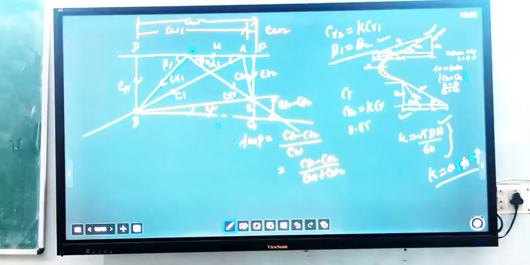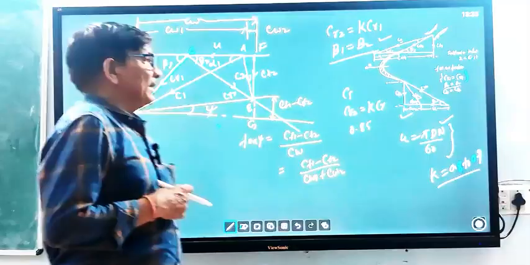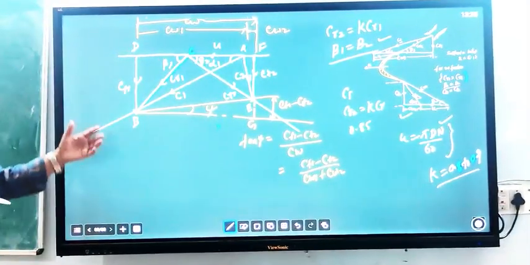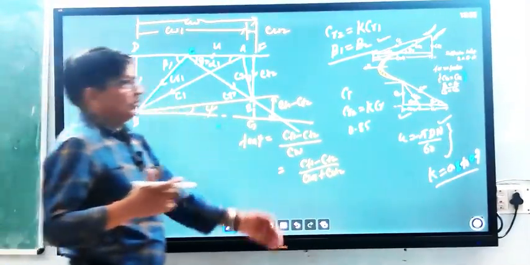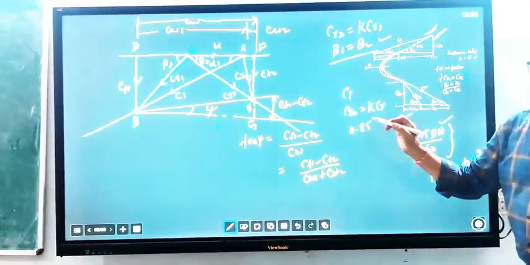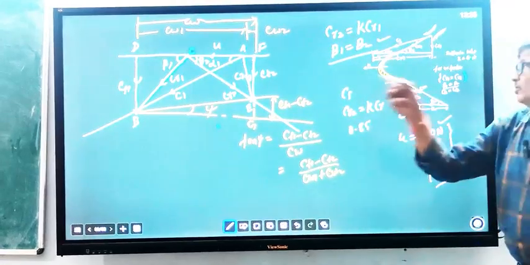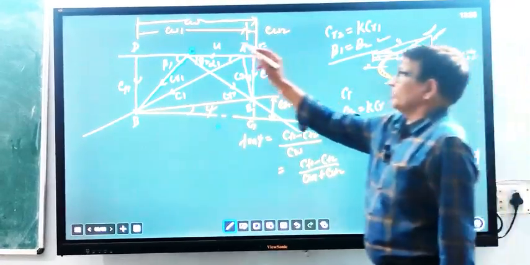So from this diagram you can calculate axial thrust, axial force, and tangential force, due to which this blade is moving. Because blades are attached to the rotor, the rotor will also move, so rotational motion takes place due to the tangential component CW.